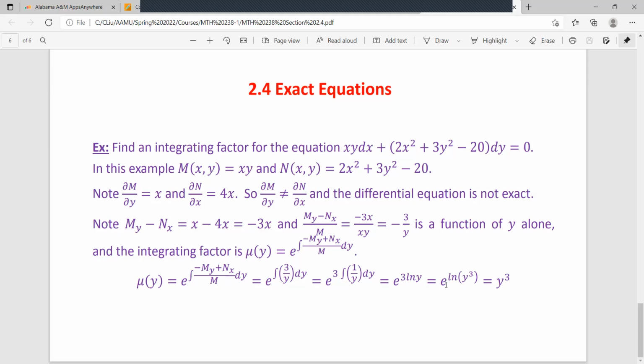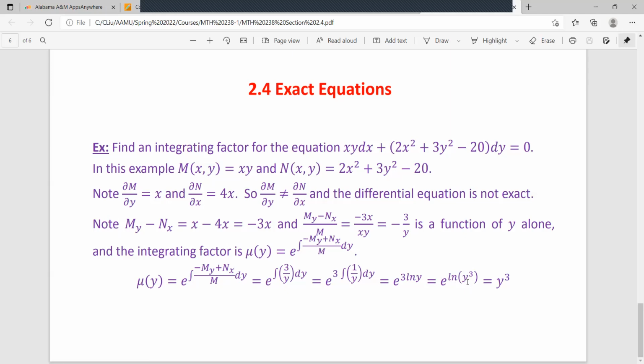And then because the exponential function and the logarithm function with the same base, e in this case, are inverse functions of each other, when you take the composition of those two functions, you just get y cubed back.